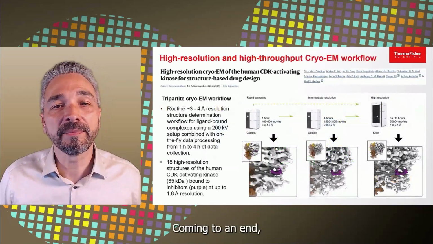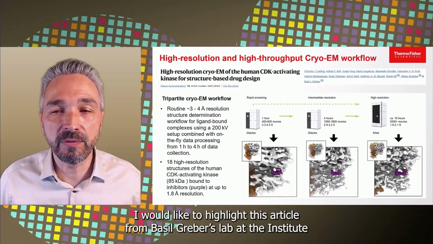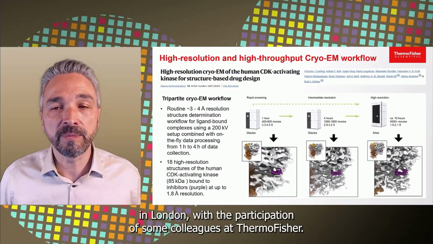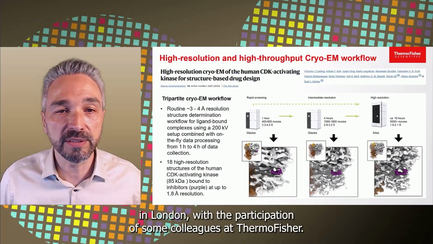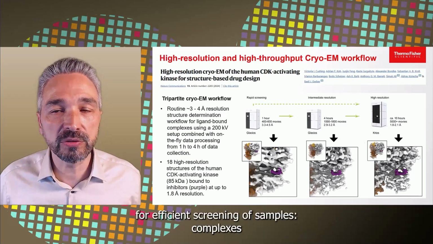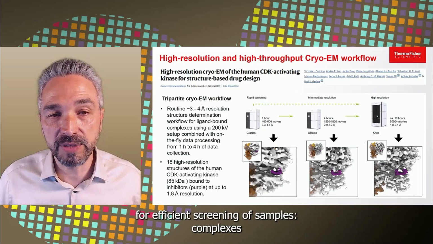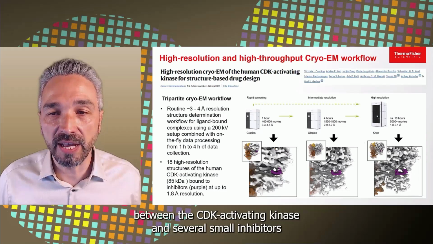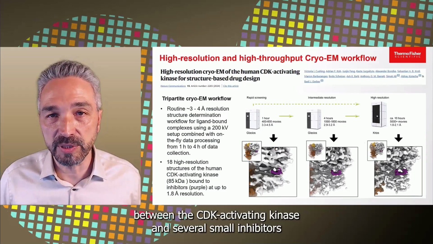Coming to an end, I would like to highlight this article from Basil Kreber's lab at the Institute of Cancer Research in London, with the participation of some colleagues at ThermoFisher. Using our tools, they presented a protocol for efficient screening of samples, complexes between the CDK activating kinase and several small inhibitors.